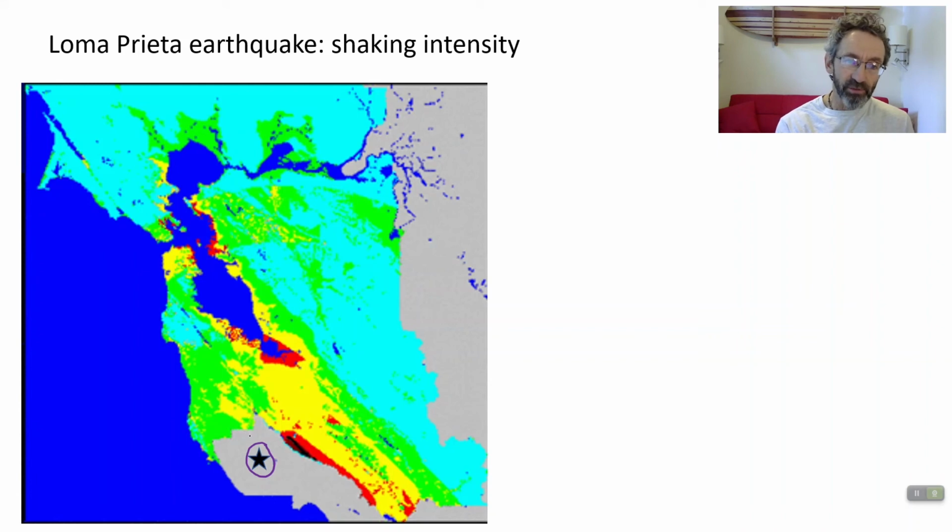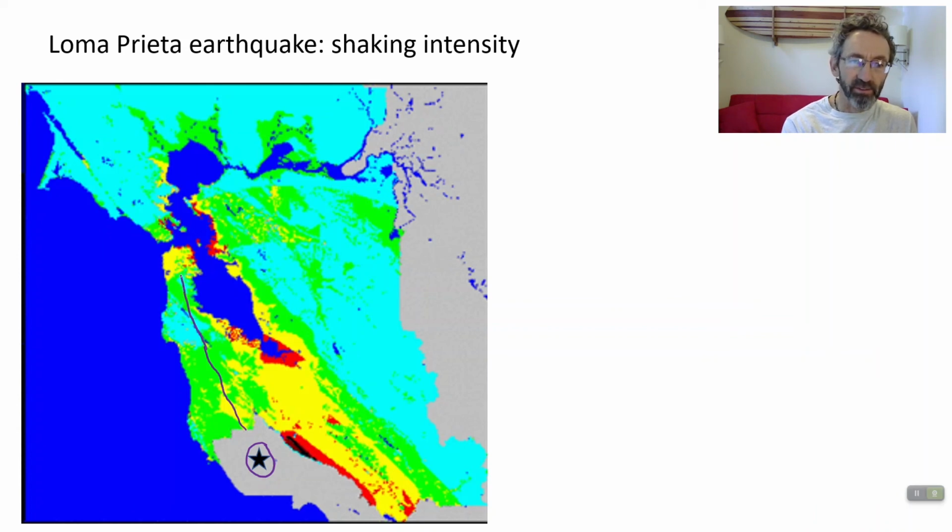And so what you'll notice is as we travel from the epicenter to the north, the shaking, first of all, isn't that bad because this is a lot of bedrock. In fact, there's granite through here. And we see the shaking also decreasing as we move away from the epicenter, which makes sense.